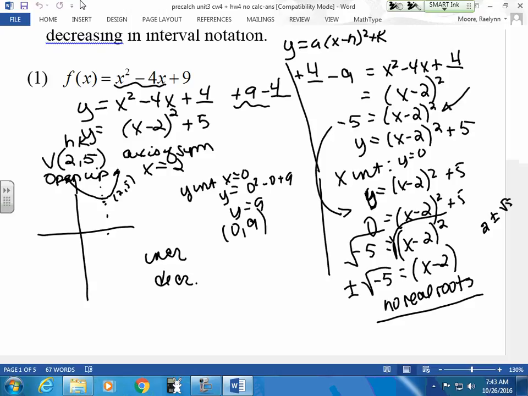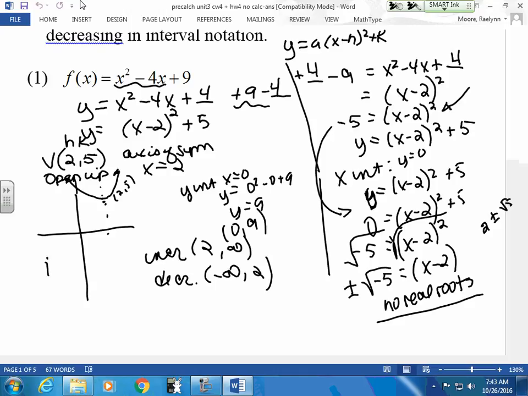Decreasing. So from negative infinity to 2, it's decreasing. We always use soft brackets around your increasing, decreasing. Then from 2, as x moves to the right, from 2 to infinity, what's the value of y doing? Increasing. So from 2 to infinity, it's increasing.